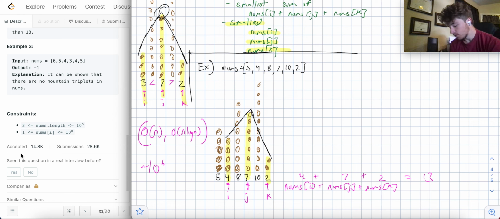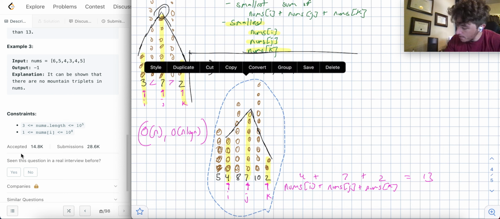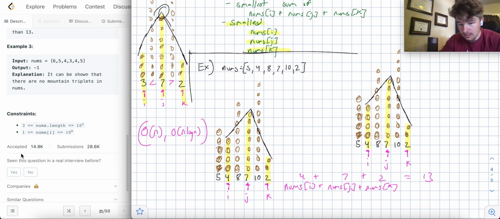So I guess one thing to think about here is, when we go through, we're always trying to keep track of the smallest things we can use. We always want to keep track of the smallest element I can get away with here that'll keep me in line.